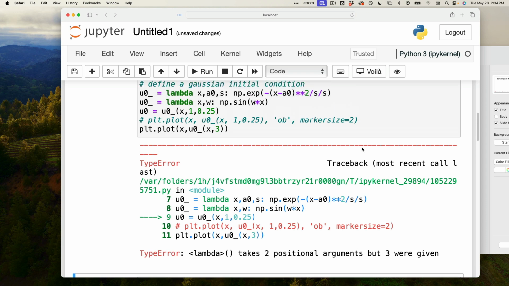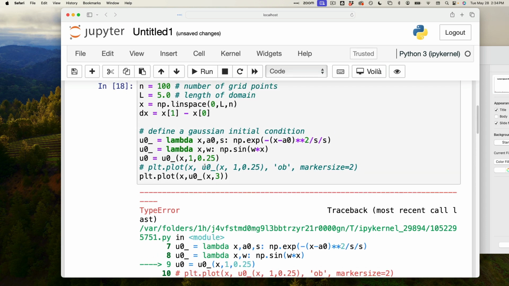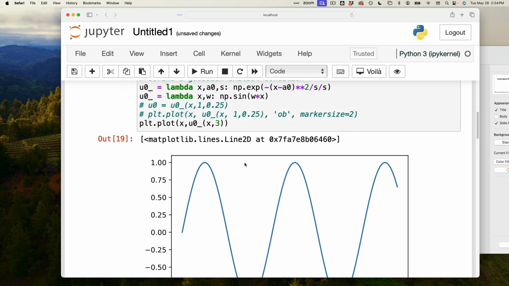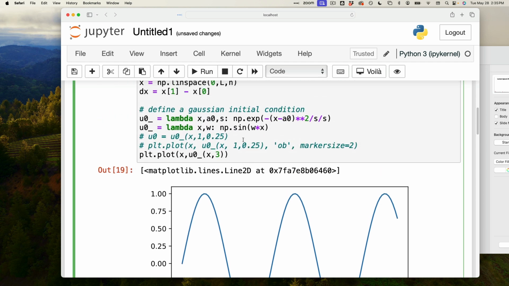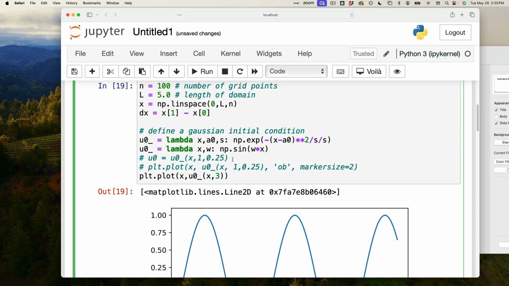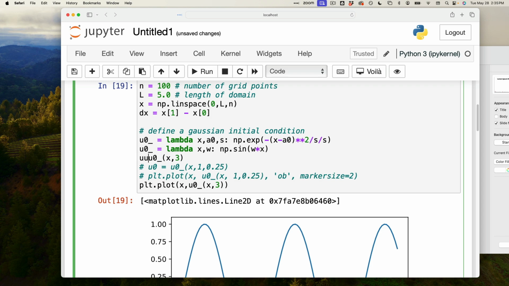Oh, 2 positional arguments, but 3 were given. Oops, not this one. Okay, so this is a sine wave. It should advect. This sine wave should advect, and we'll do our u0 to be this guy.